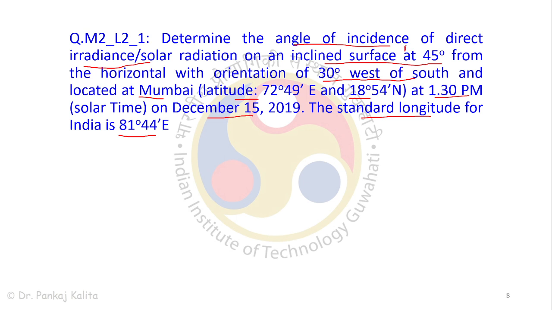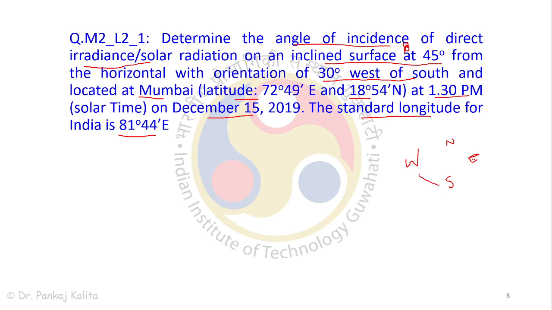The inclined surface is tilted at angle 45 degree. So beta is 45 degree, right? Now the orientation is 30 degree west of south. So if this is north, this is south, this is east, and here is west, we are talking about west of the south.